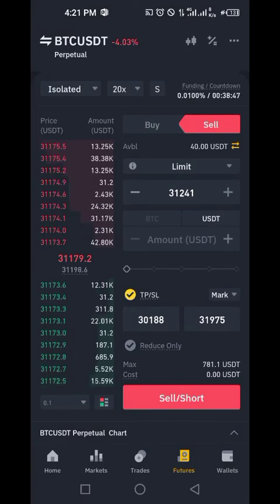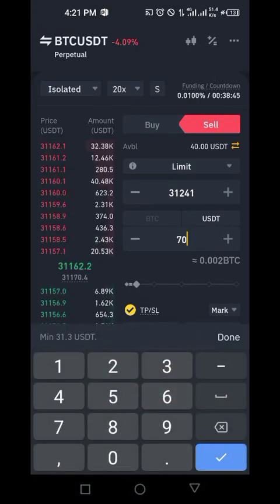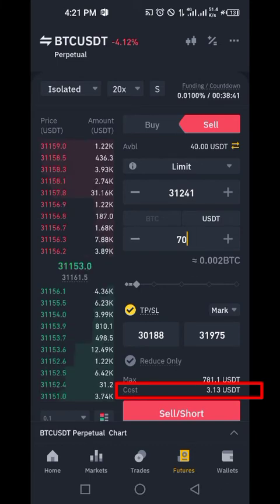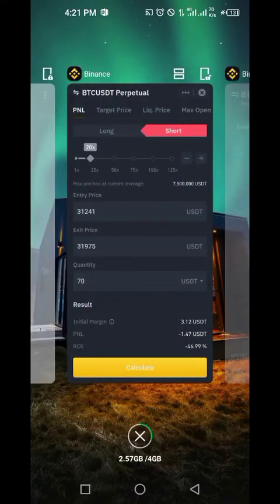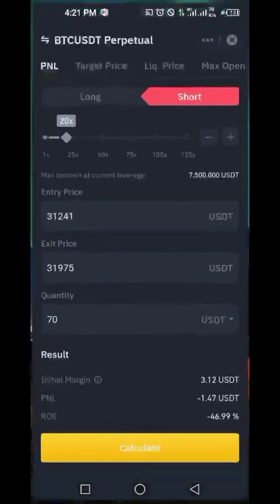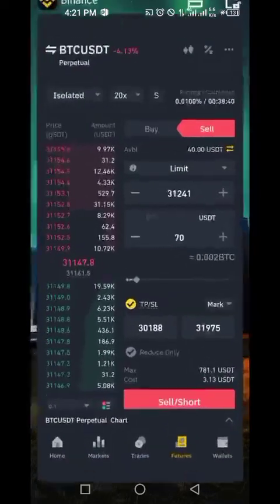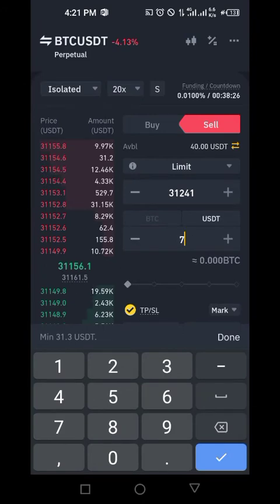When you type the 70, can you see what it will cost is $3.13. Let's check our calculation. What it cost according to this is $3.12. So it costs me $3.12 to open this position of $70 on 20x.